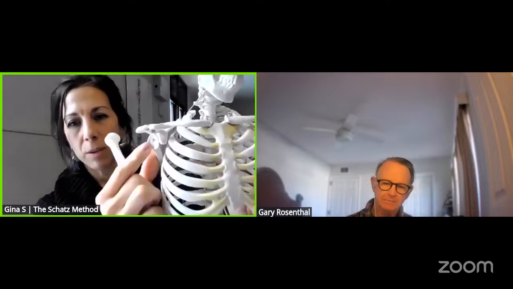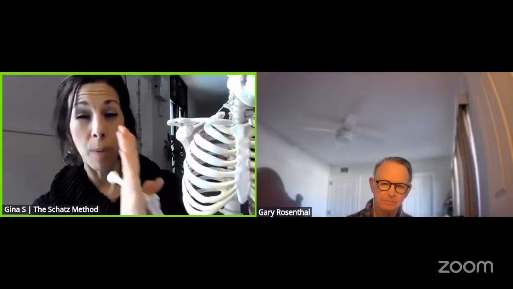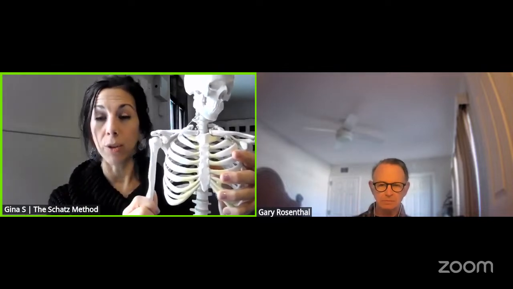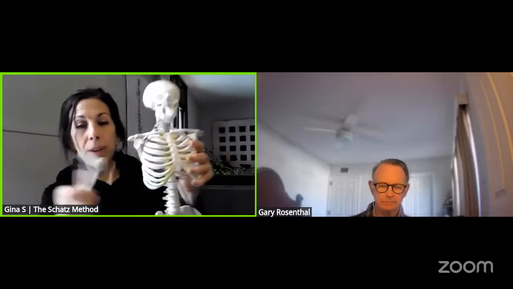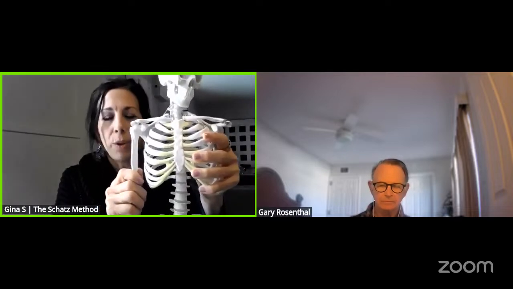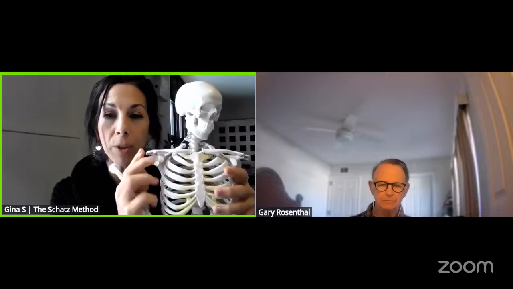Because of the shape and orientation of this glenoid fossa, which is almost perpendicular to the earth, in order for this bone, the humerus, to be held onto the torso, for this joint to have accurate articulation, there's got to be a tremendous amount of muscle power here of stabilizers that hold the humerus onto the torso. In order for them to do their job, this joint has to be in alignment.